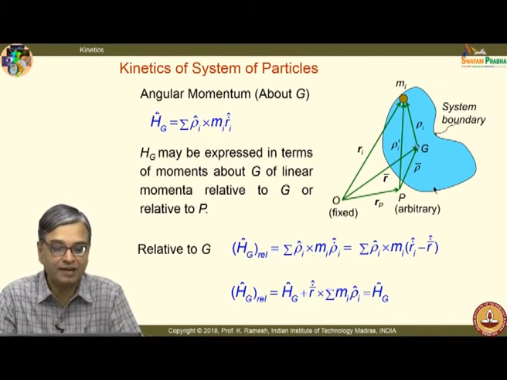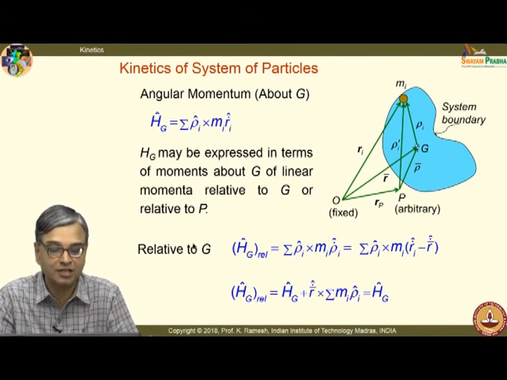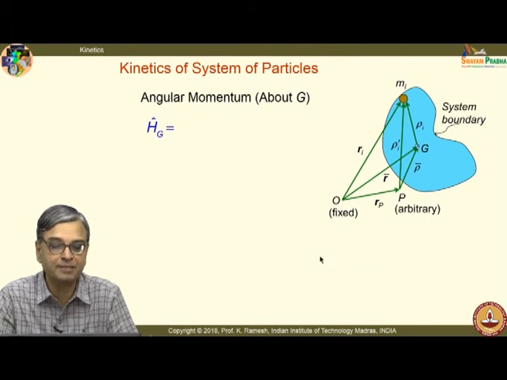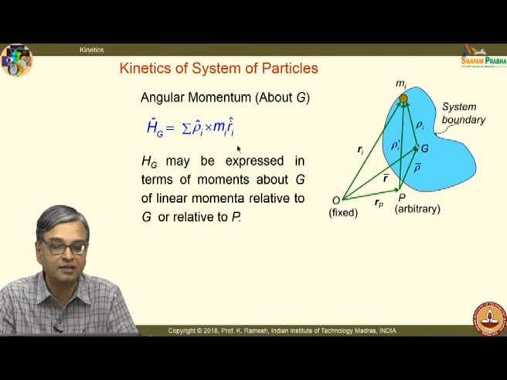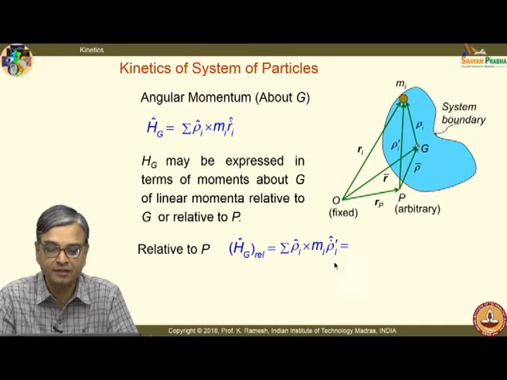We have now done it relative to G. We will also do it relative to point P. So, I have the same expressions here. I have written down what is Hg. Now, I do it relative to P. So, when I write it relative to P, I have this.